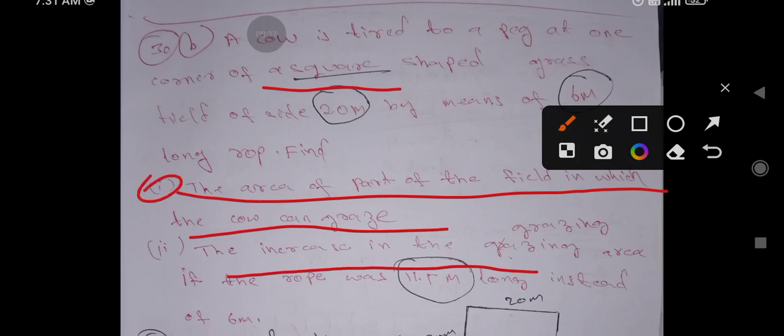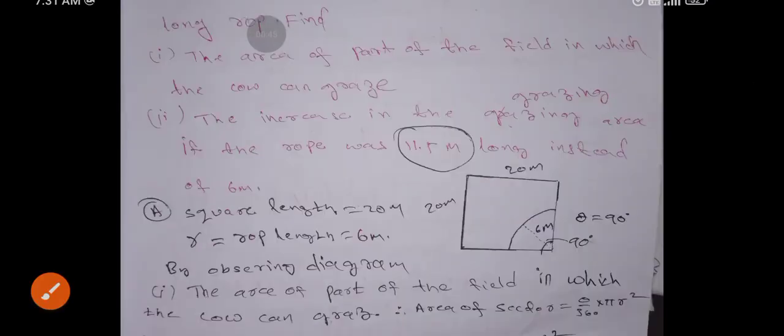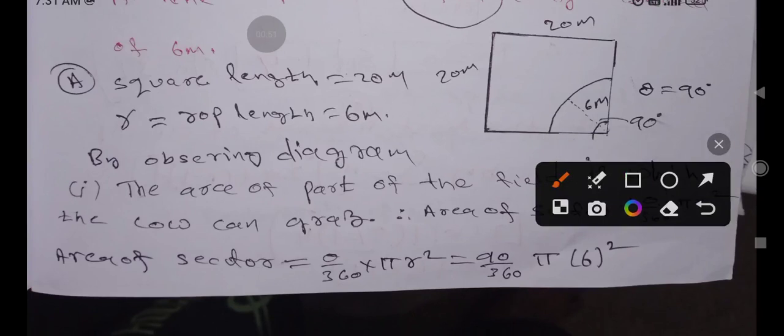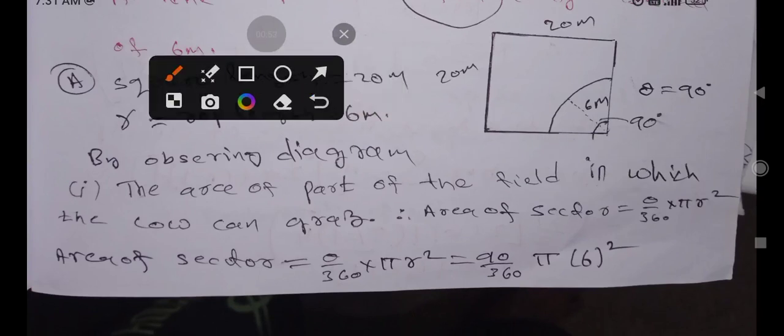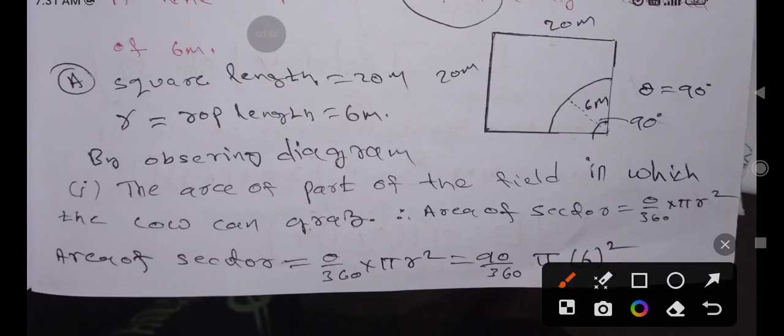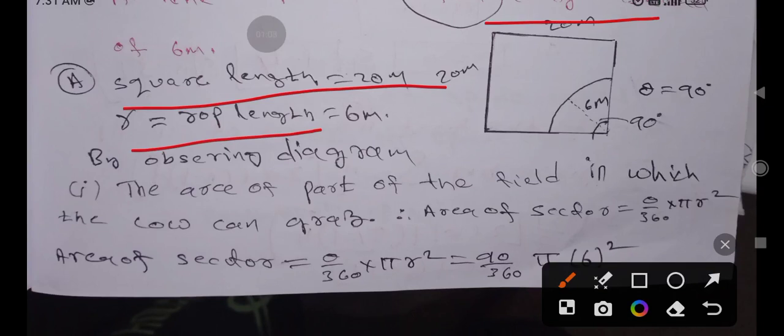First question: the area of the part of the field in which the cow can graze. Scale length 20 meters, rope length 6 meters.